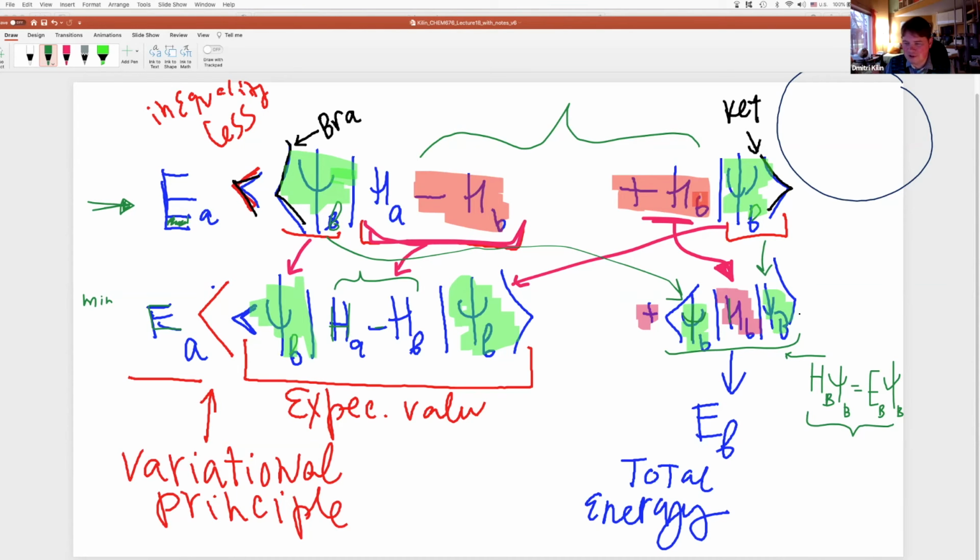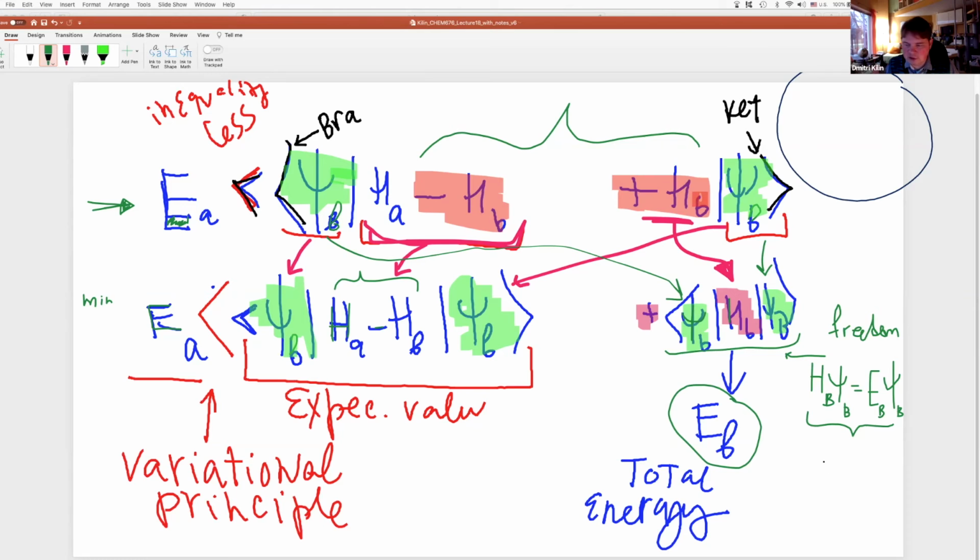So here I just practice freedom. This is choice by freedom. And if we selected this H sub B such that it will be an eigenoperator corresponding to psi sub B, then we can replace this bra and ket notation with the energy E sub B, right?